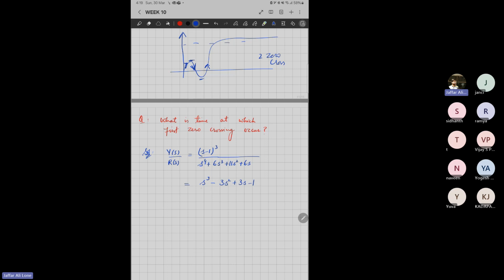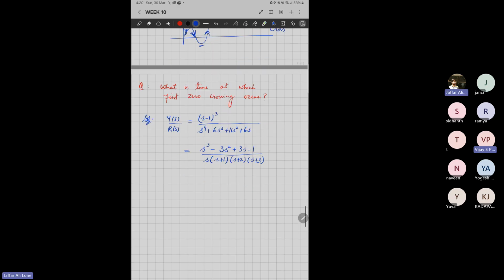Similarly, I write the denominator as s into (s plus 1) into (s plus 2) into (s plus 3). You can easily find the roots because it's simple here. You at least know 0 is a root because everything has s. Then just put values, use cubic. There are many ways you can do this.